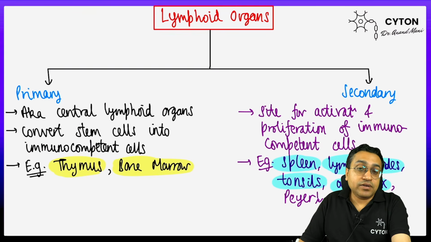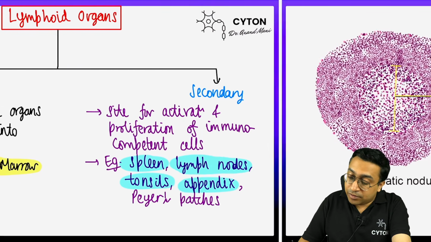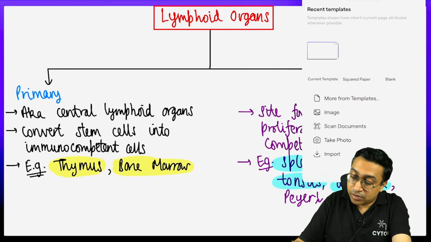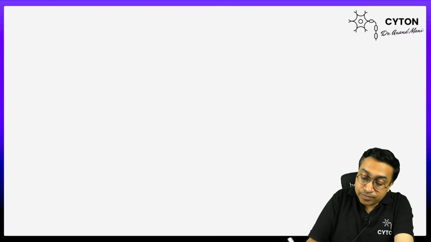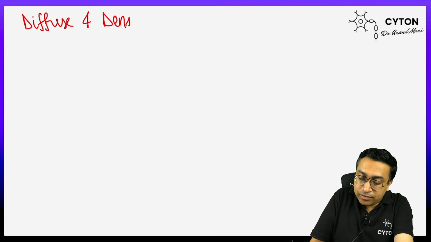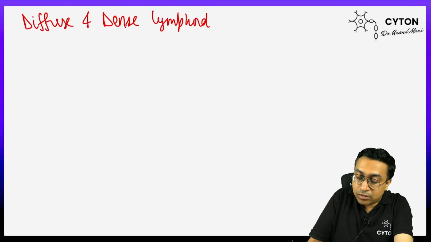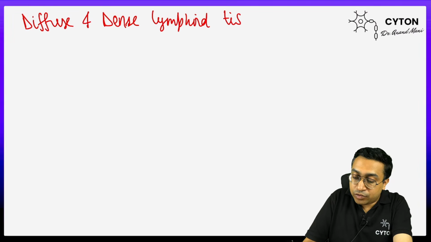so now let us understand another concept, that is the diffuse and dense lymphoid tissues.